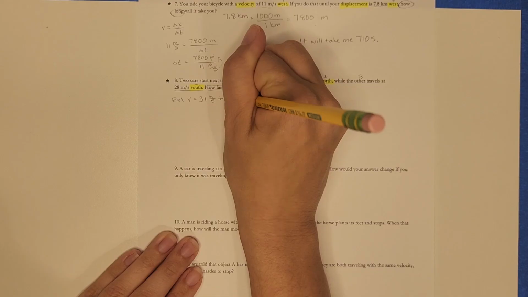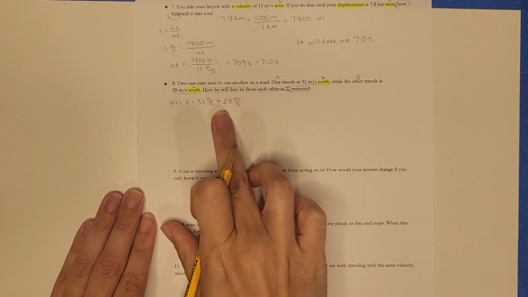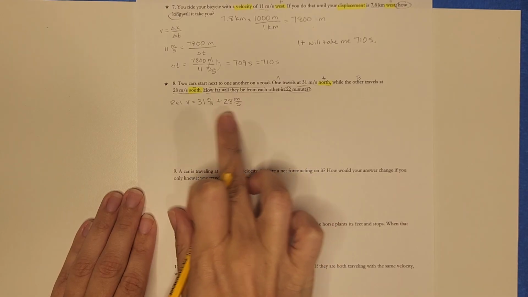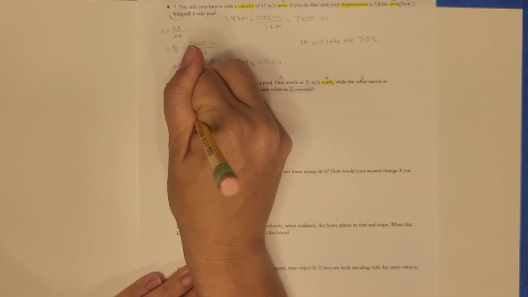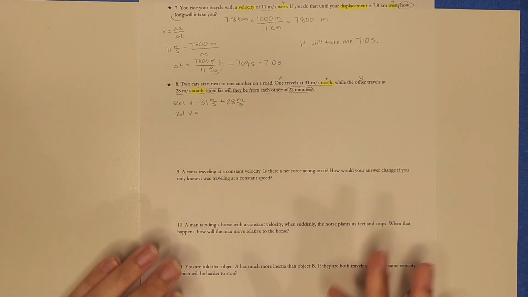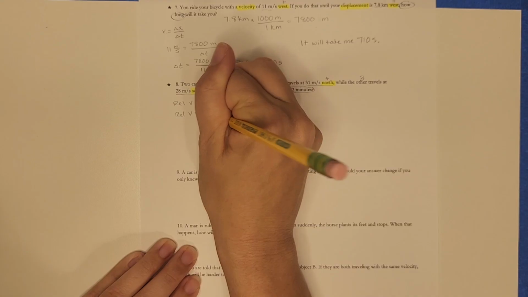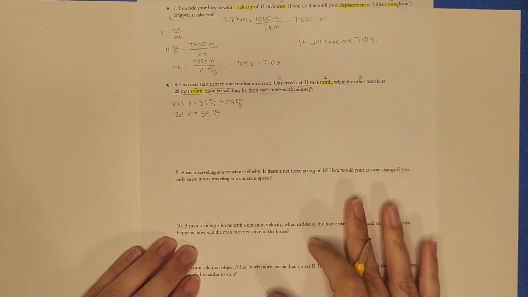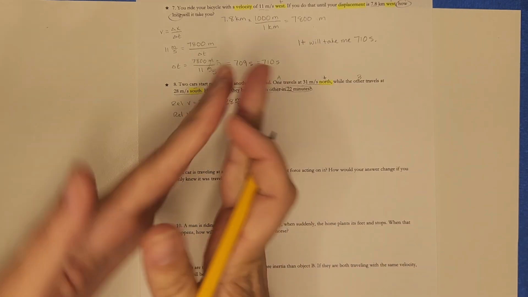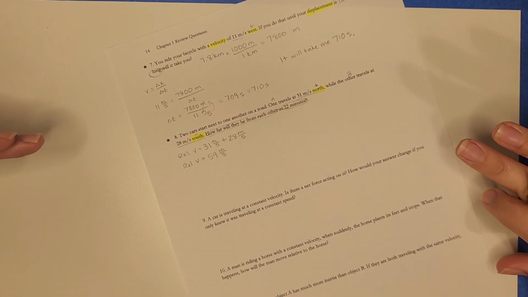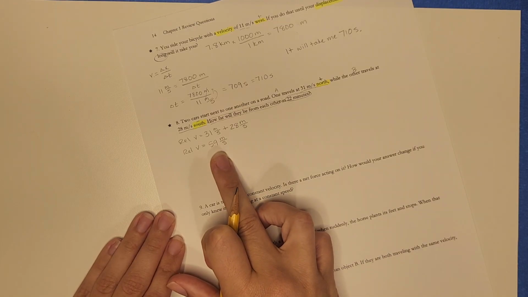So I'm subtracting negative 28 meters per second, same thing as adding it. And so my relative velocity equals 59 meters per second. Okay, so they're starting next to each other and they're going apart from each other at a rate of 59 meters per second.